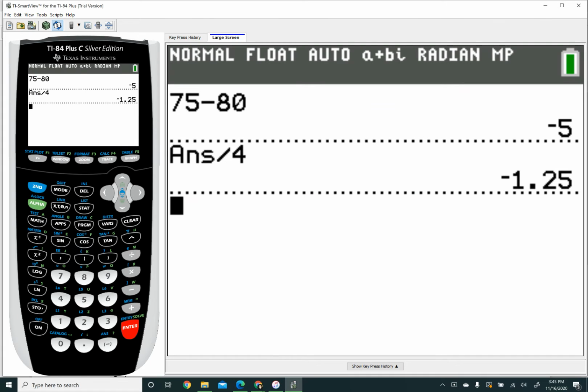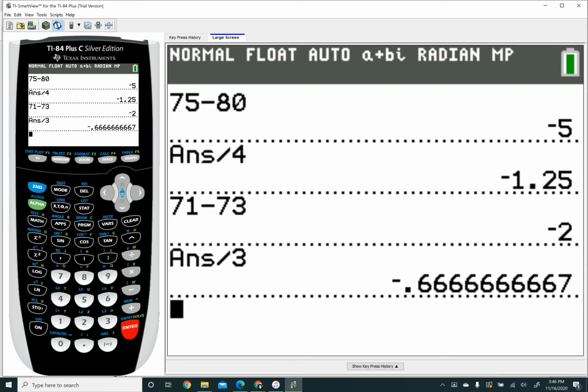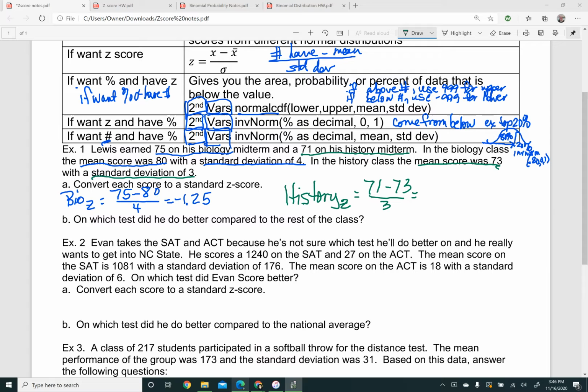I don't want to put that in right there, otherwise it's not going to come out right. We want to hit enter first. So negative 0.67.